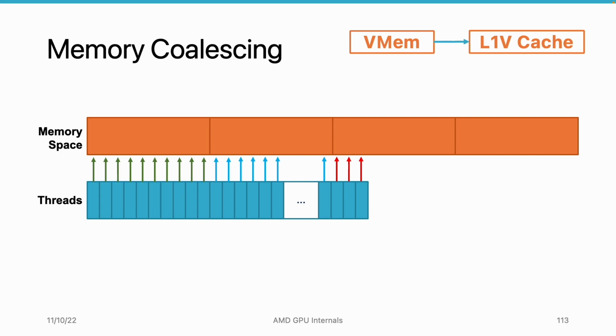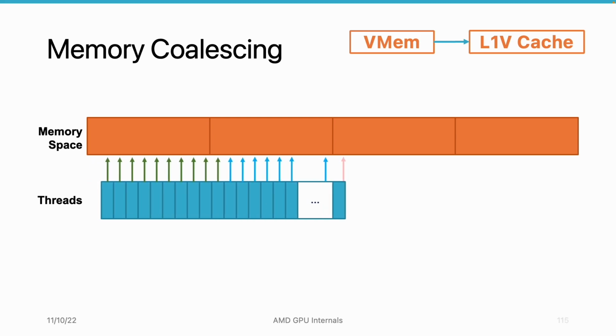In this particular example, we see the 64 threads in one wavefront are accessing 3 cache lines. Now we can generate 3 transactions. But if we can remove the last 3 threads, and somehow squeeze those 3 threads into the previous cache lines, we can actually reduce one memory transaction.